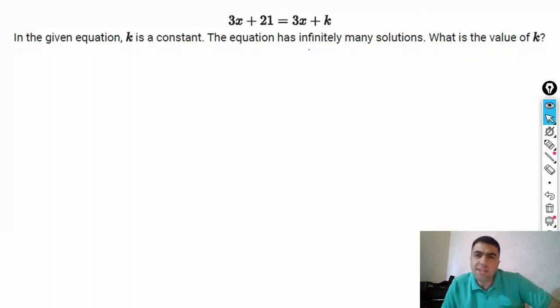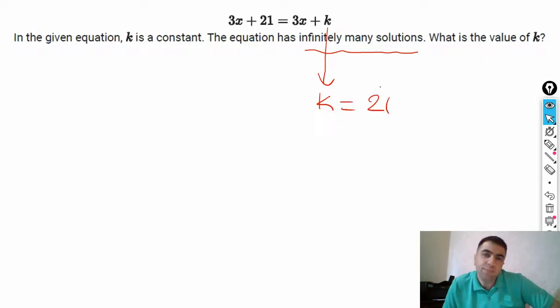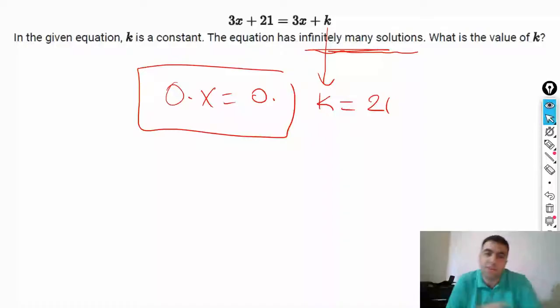If the equation has infinitely many solutions, let's solve. We see that k must equal 21 here, because you should see 0 times x is equal to 0. This equation has infinitely many solutions, guys, okay?